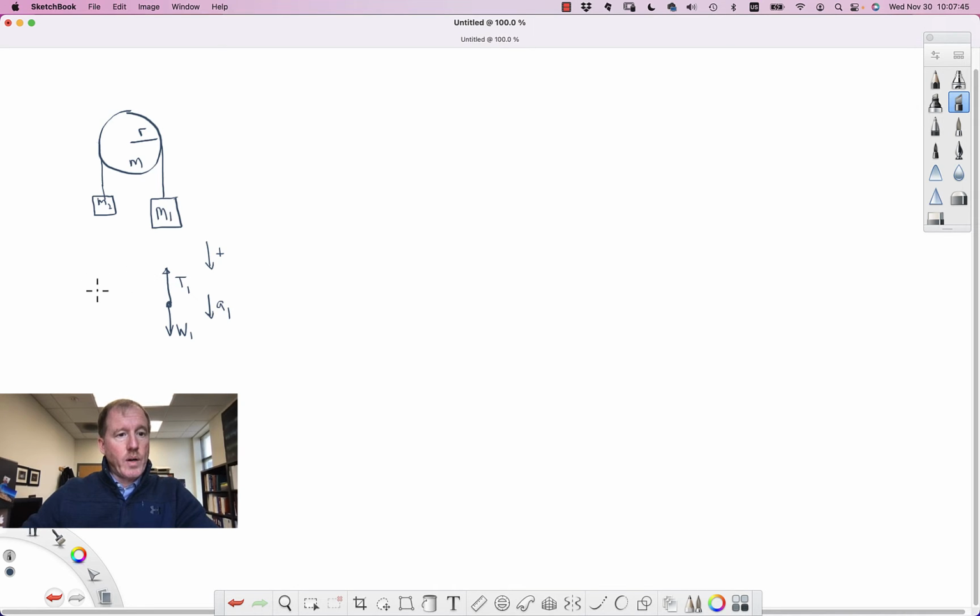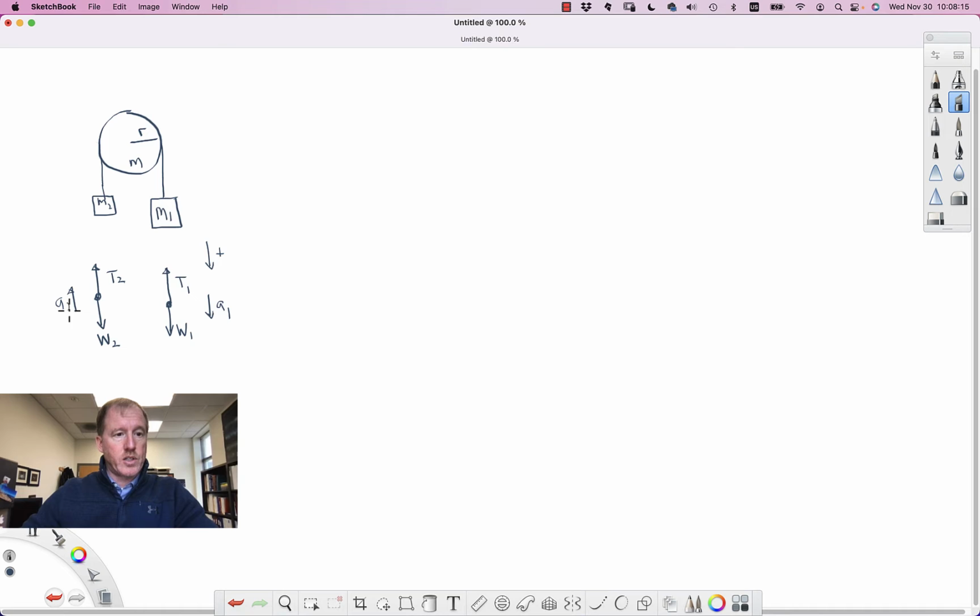Okay? What about the other mass? Well, we'll draw a free body diagram for this one as well. We'll have its weight pointing down like this, weight 2. There's another tension right here, and let's denote this by T2, tension 2. It's important to note that this tension is not necessarily the same as tension 1, okay? And as m1 falls, m2 is going to go up, so this one is going to have an acceleration upward, like this.